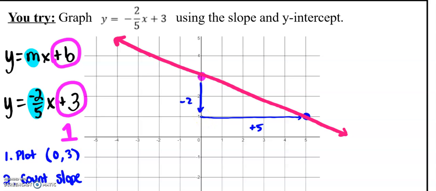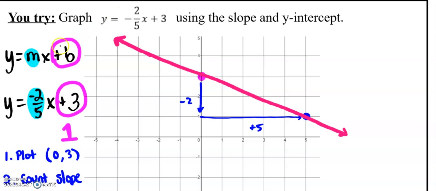Hopefully this makes sense, because if you're at 3 and you want to go down, you'd have to subtract. So we end up at 1, and then we go right, positively, 5, which should again make sense because you're adding 5, going from 0 to 5. And that's how you get to this next point. As long as you have 2 points, you can make a line. That's all you need for a line, 2 points.